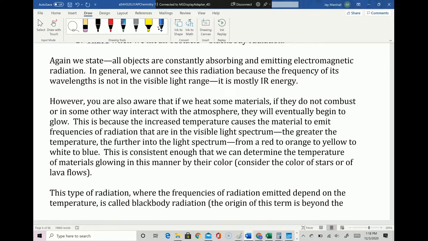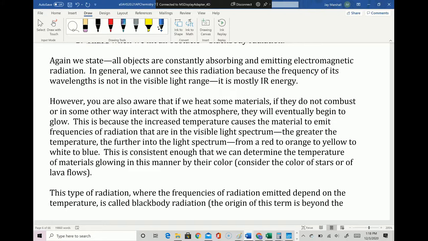So, in general, we can't see this radiation because the frequency is not in the visible light range. It's mostly infrared. However, you're also aware that if we heat some materials, if they don't combust, if I take a big chunk of iron and start to heat it up, it's going to start to glow, right? This is because the increased temperature causes the material to emit electromagnetic radiation in the visible light spectrum.